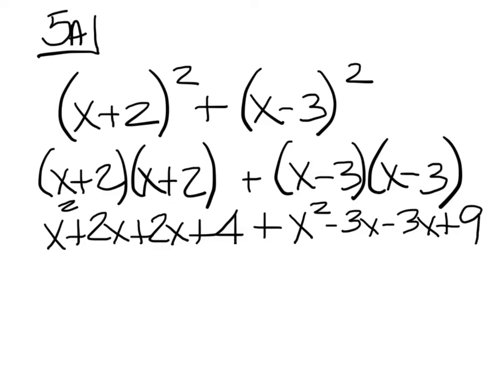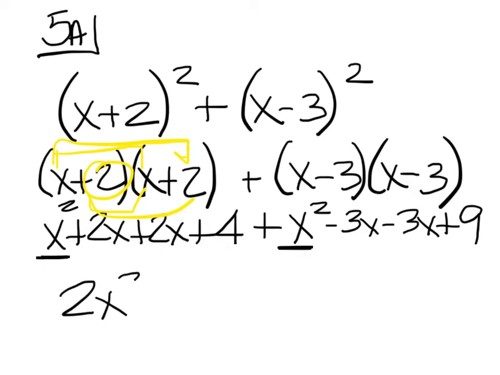Simply follow the same rules that we did before. Start here, multiply there and there. Start here, multiply there and there. Same for the other side. Once you get that, you have to add like terms. X squared and x squared, 2x squared. They are now gone.